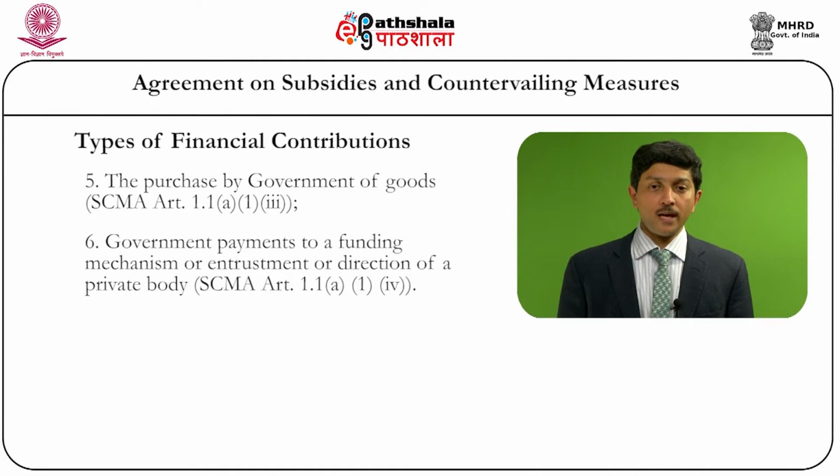Further, it should be mentioned that the reason for providing an exhaustive list of government actions that could come within the ambit of financial contribution is to limit the kind of government actions which could fall within the scope of the SCMA.